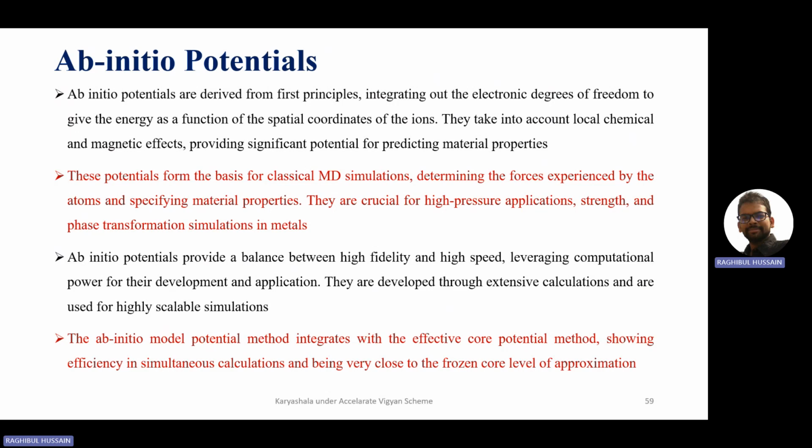So to make the computation faster, because if we include the whole set of electrons it will be computationally very slow, we assume that the lower orbitals are frozen. That means those electrons do not move.